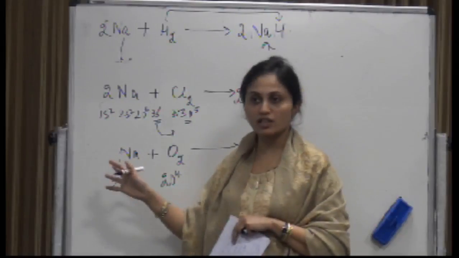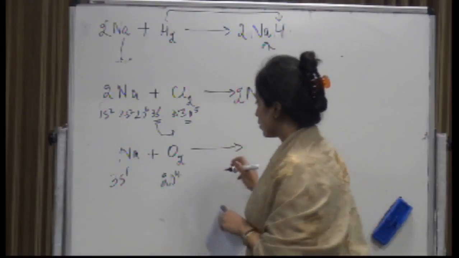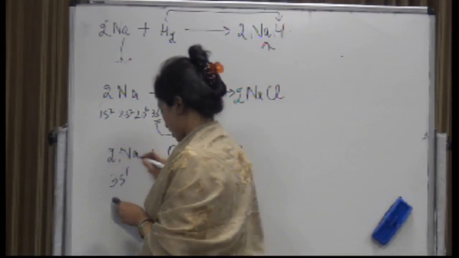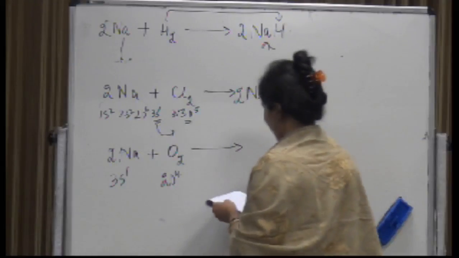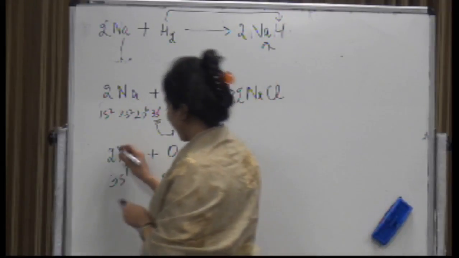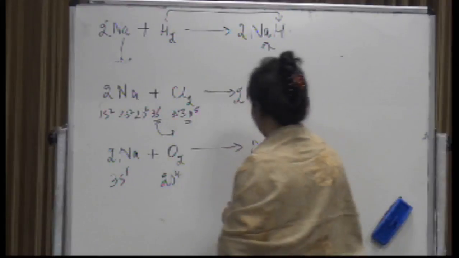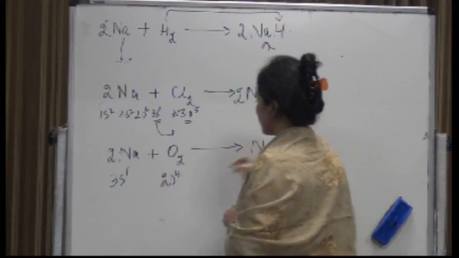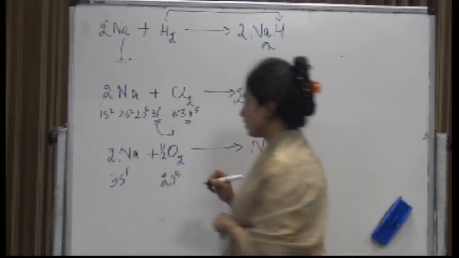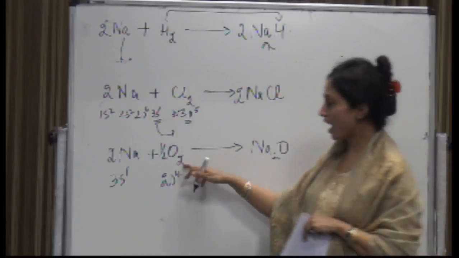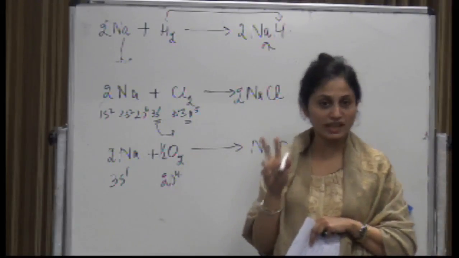So you will have 4 Na here because the compound that gets formed is Na2O, or you take it as half O2. Half O2 means 1 O, and 1 O needs 2 electrons.